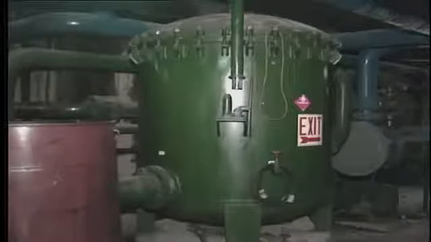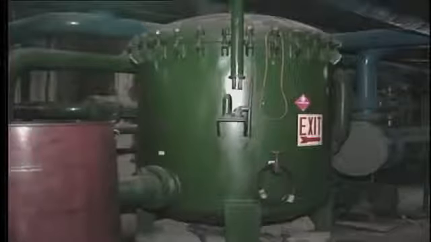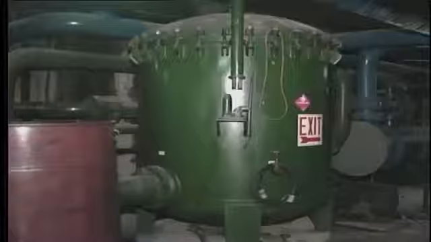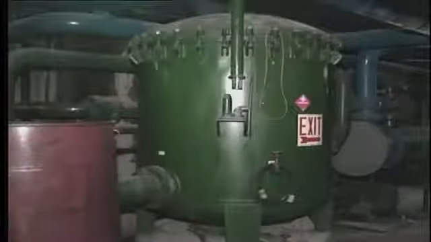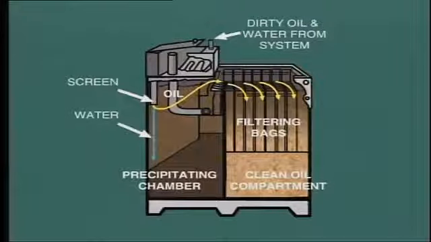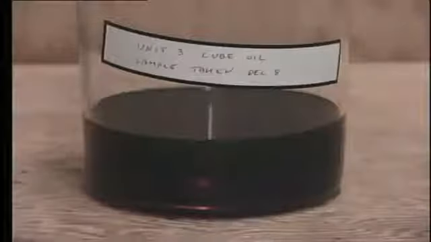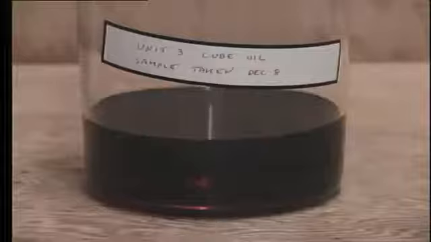This may consist of bag-type filters within the oil tank or external cartridge filters, or a centrifuge which continuously circulates oil from and back to the tank. Maintaining the cleanliness and purity of the oil is extremely important to good turbine operation. Usually, the lube oil is sampled at regular intervals, say monthly or bi-monthly, and analyzed for impurities and other characteristics.